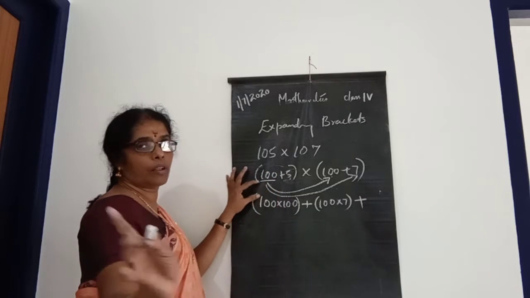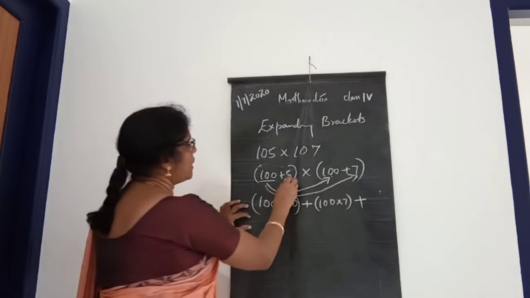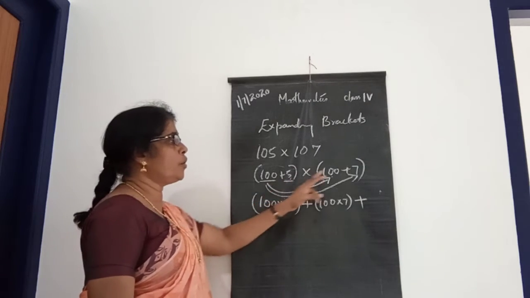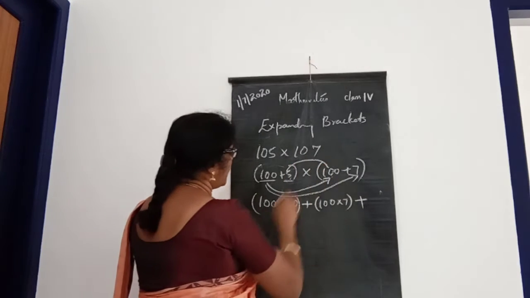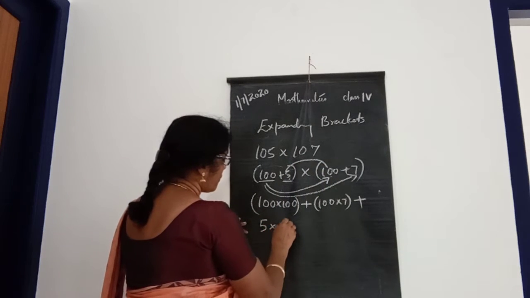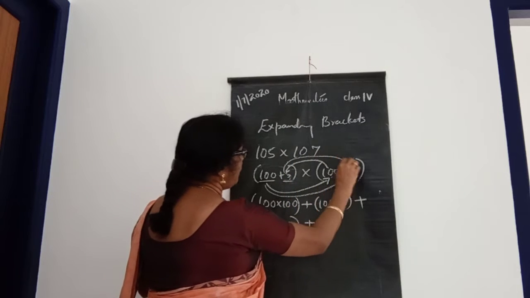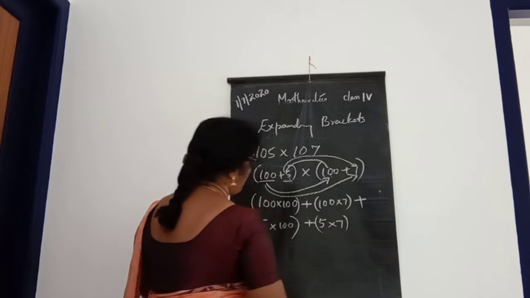The 100 is over, the two numbers are already multiplied. Next we take the 5. That 5 also you have to multiply with these two numbers. That means 5 into 100 plus 5 into 7. Look here.